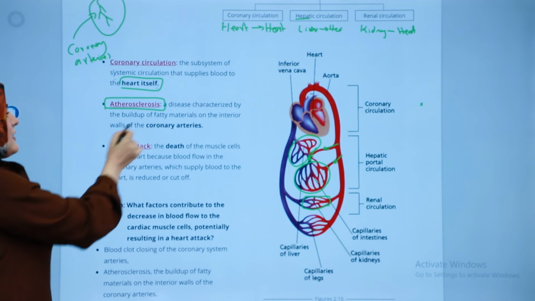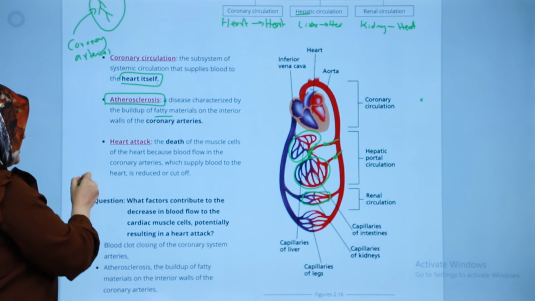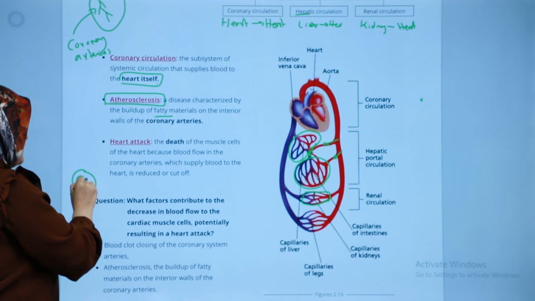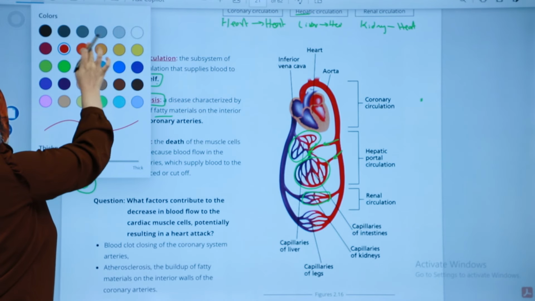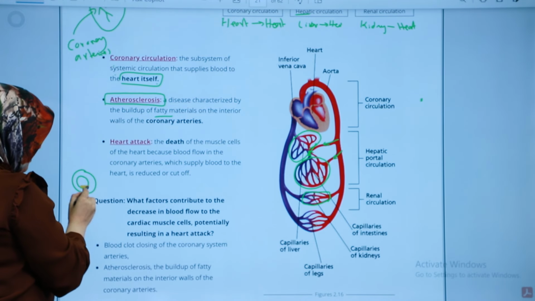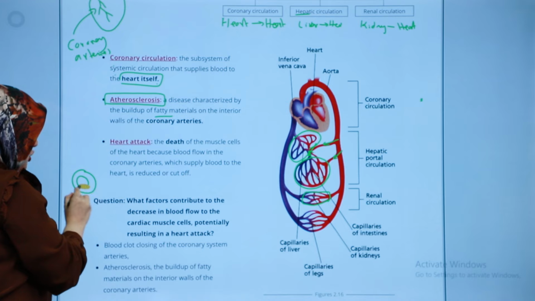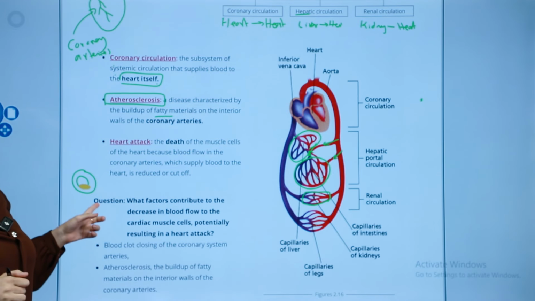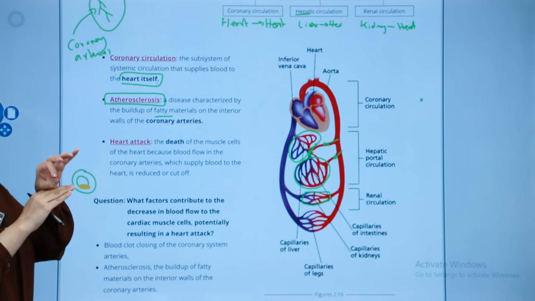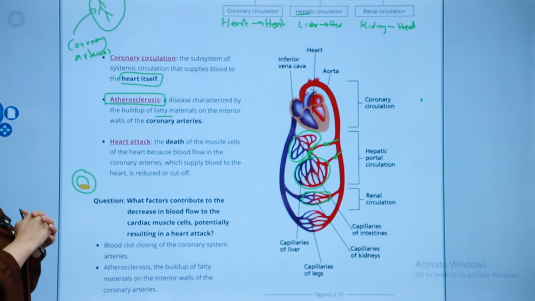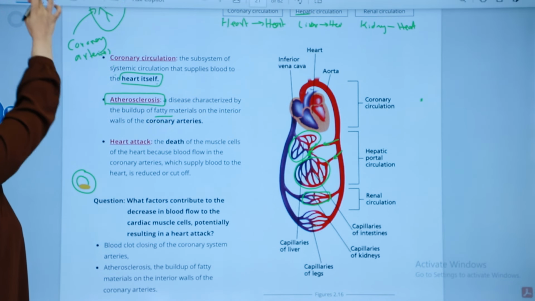So, let's see that we're going to cross-section it, and this is the inside of it. If fat is deposited, when the fat deposit is narrowing down the lumen, this is affecting the circulation. Sometimes it clogs it, and sometimes it might burst.